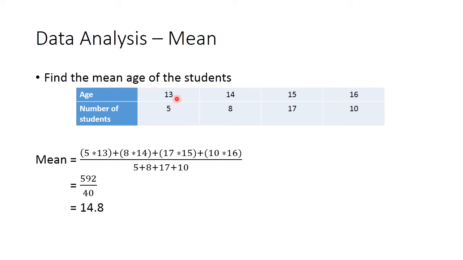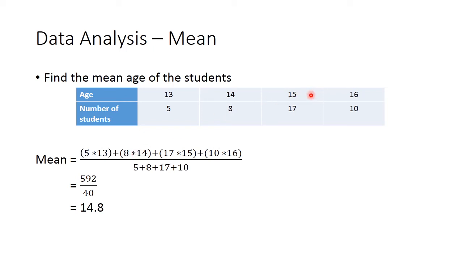I will take this pair of numbers, 5 and 13, and I multiply them. I will take the next set, which is 14 and 8, and multiply them.